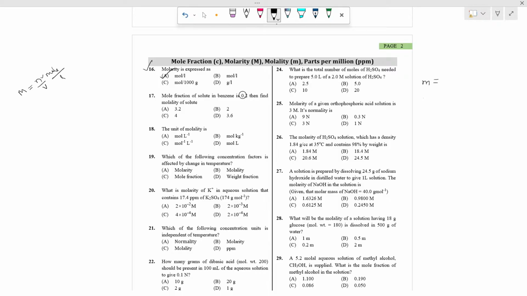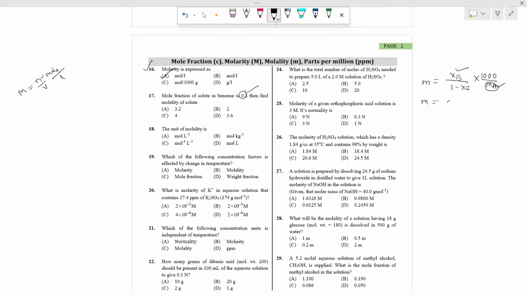The relation between molality and mole fraction is xb upon 1 minus xb into 1000 upon ma. Here xb stands for mole fraction of the solute, and ma stands for molecular weight of the solvent. What is the mole fraction of solute here? 0.2.